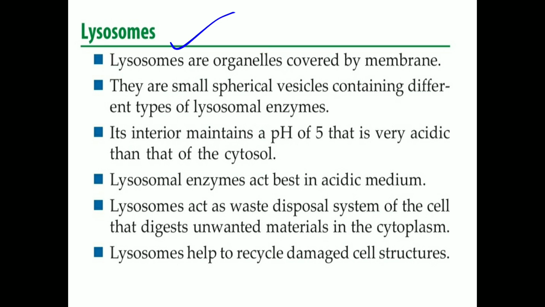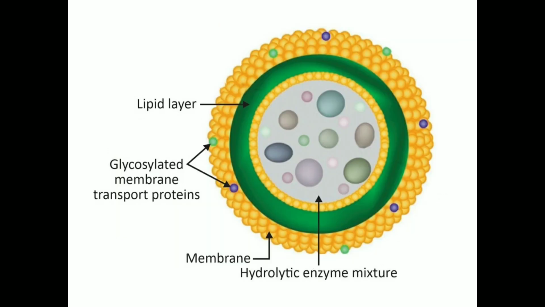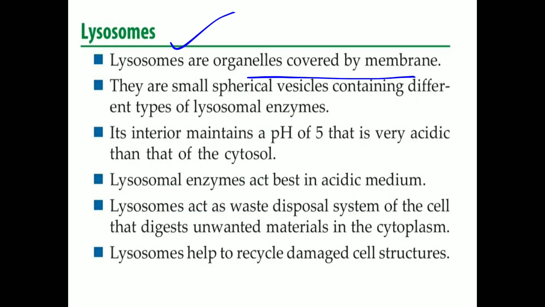The next is lysosomes. They are small spherical vesicle-like structures covered by a membrane. You can see that here in the diagram. They are small spherical vesicles containing different types of lysosomal enzymes within them.